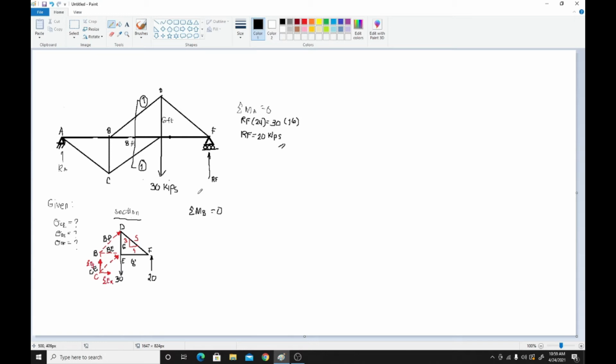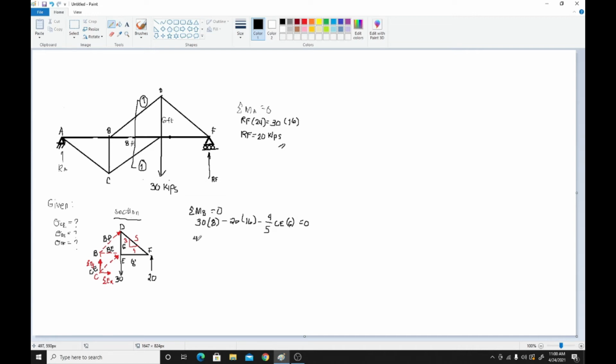So the moment at B is 30 because it is clockwise, multiplied by 8, minus 20 because it is counterclockwise, multiplied by 16. And the component of CE is 4 over 5, that is counterclockwise, multiplied by the distance, which is equal to 6 feet.